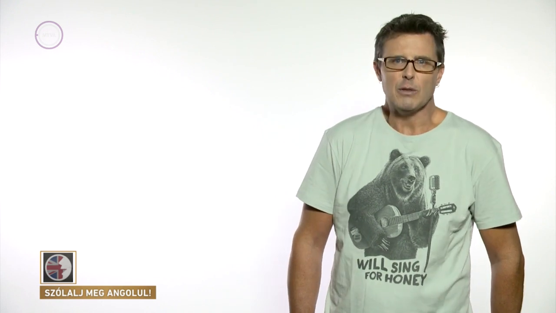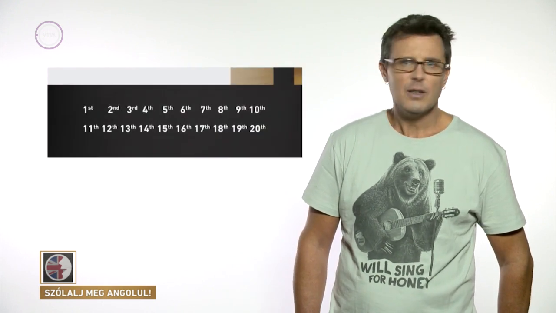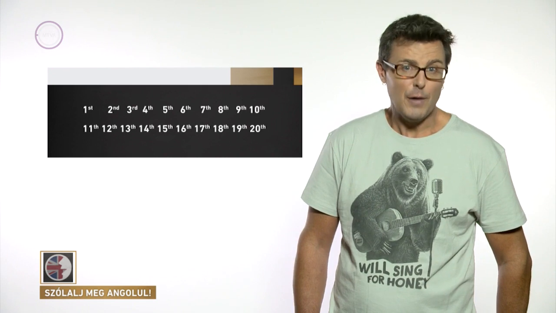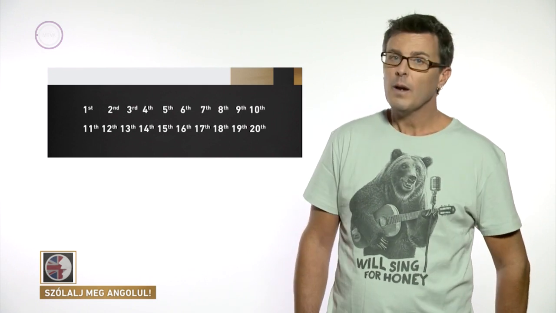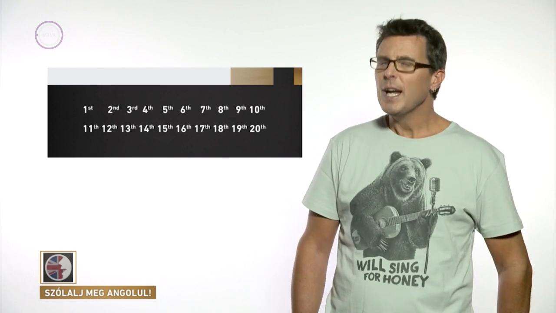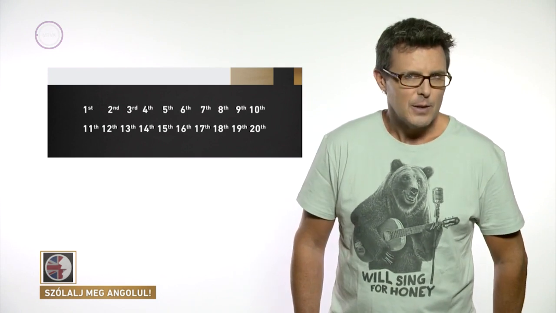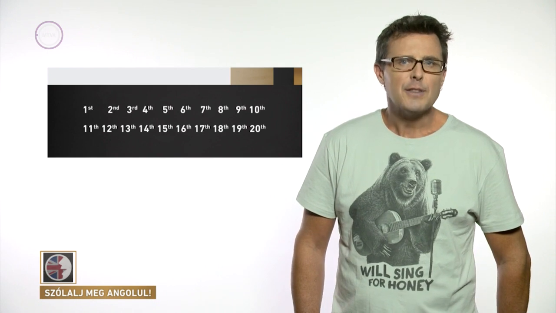Okay now, what about ordinal numbers beyond 20? Well, that's simple. We know the ordinal numbers from 1 to 9, don't we? Yes, of course we do. First, second, third, fourth, fifth, sixth, seventh, eighth, ninth. Okay, so thinking logically, what do you think we do after 20th?